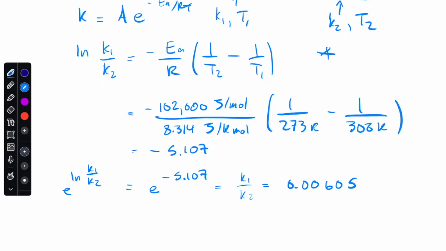K2 is our unknown. So K2 is going to be equal to K1 divided by 0.00605 equals 1.35 times 10 to the minus 4.